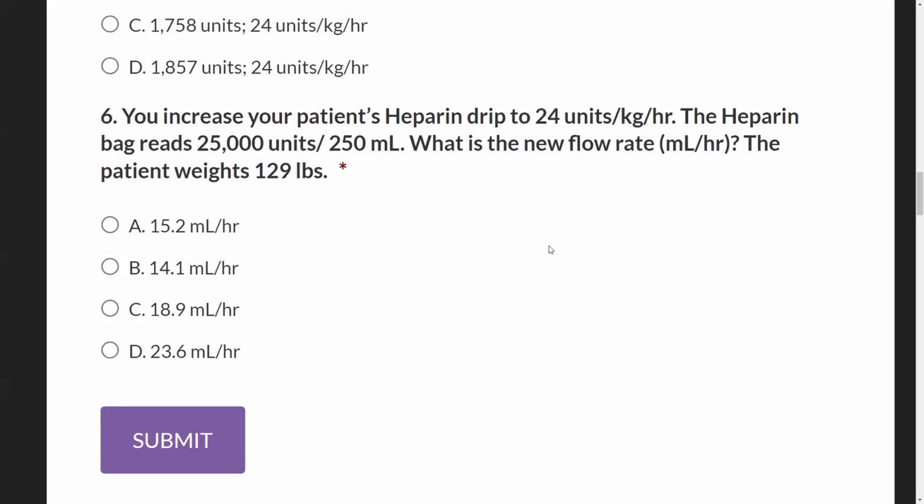Okay, do number 6. And this is more like how you'll see them written on the test.